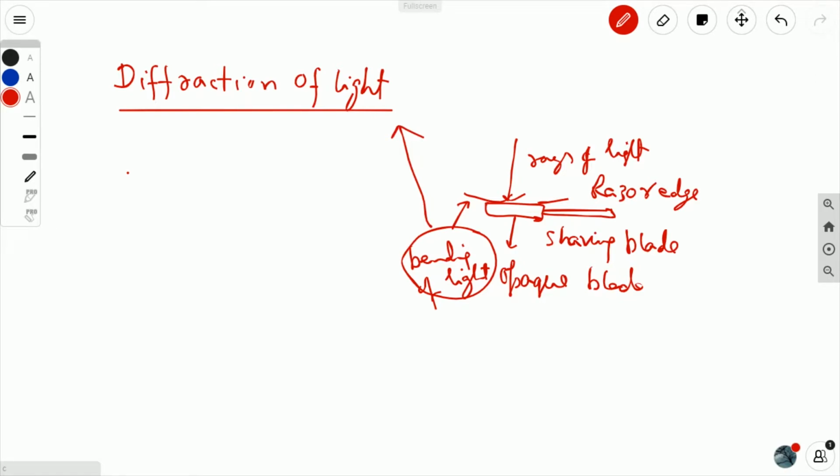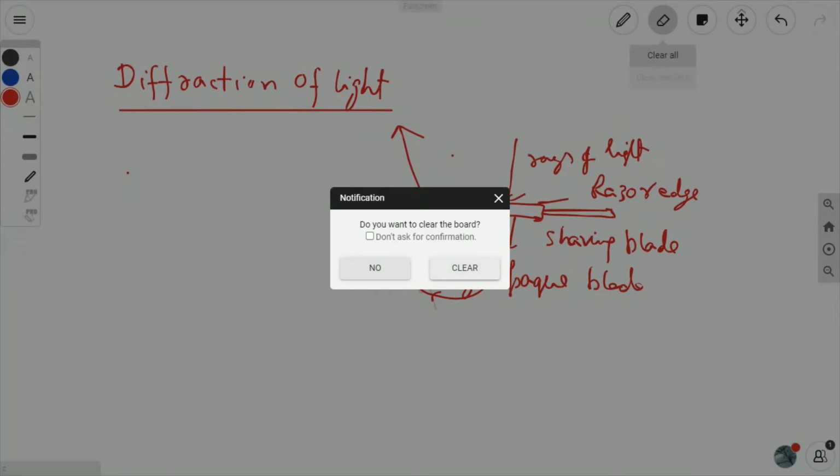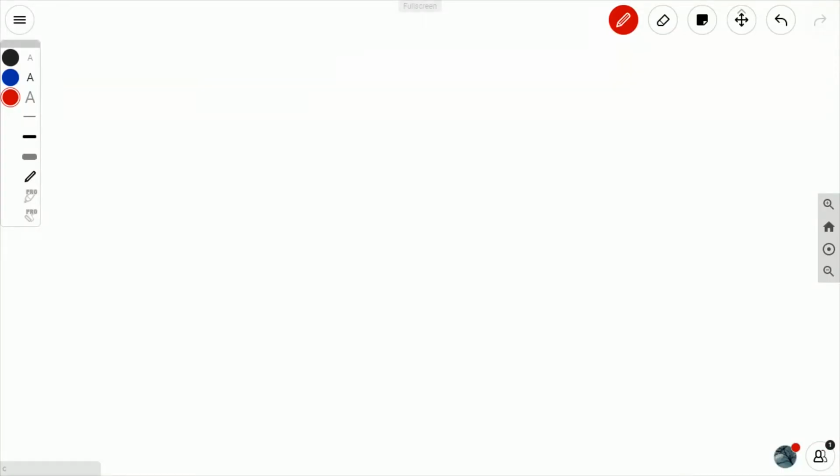I want to write the definition here, so I just want to clear all. Now, diffraction of light once again. I have already explained it to you.